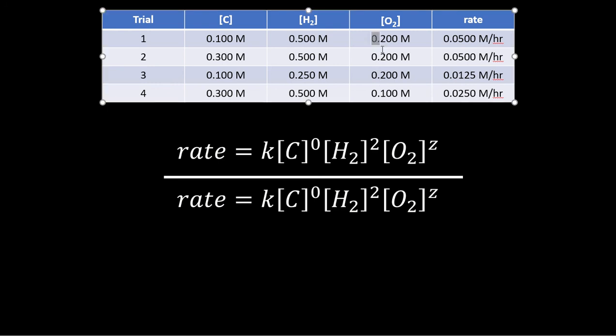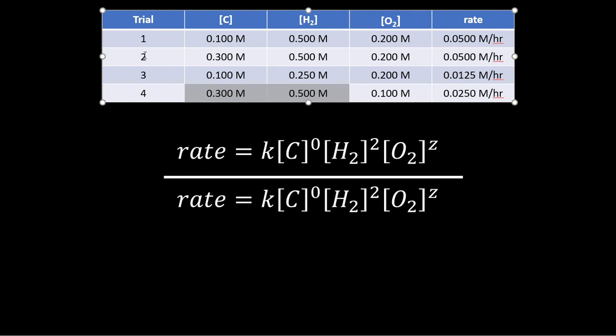So we need to find two trials where essentially the concentration of molecular hydrogen and carbon stays the same. Well, we're basically going to need to find a trial where carbon is at 0.3 molars and molecular hydrogen is at 0.5 molars.